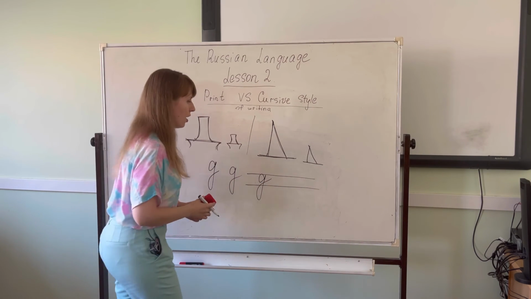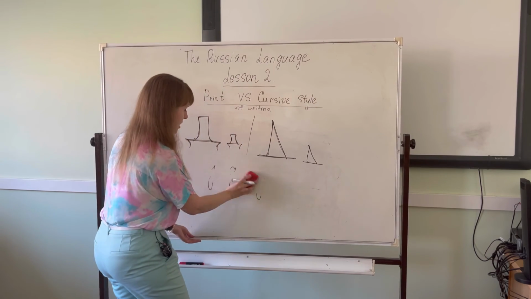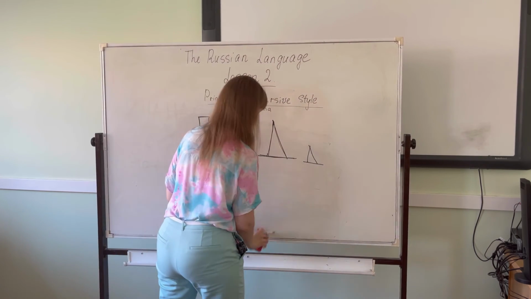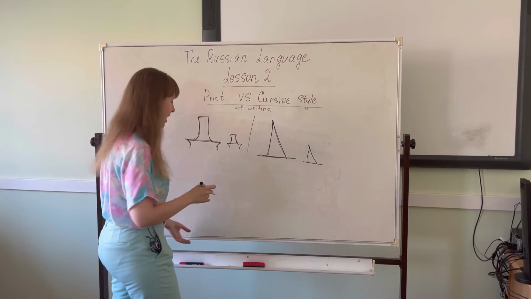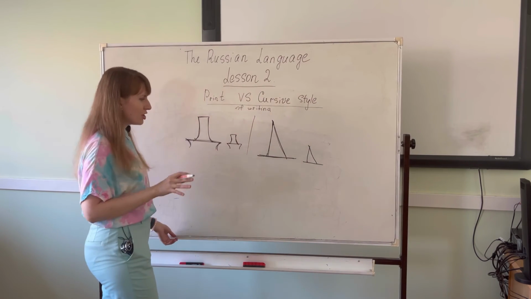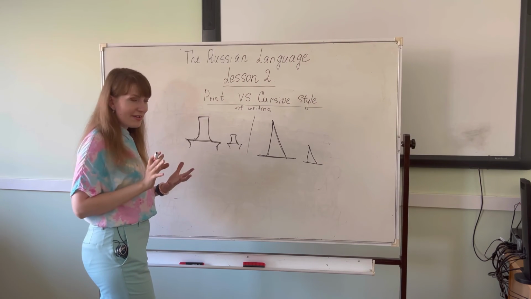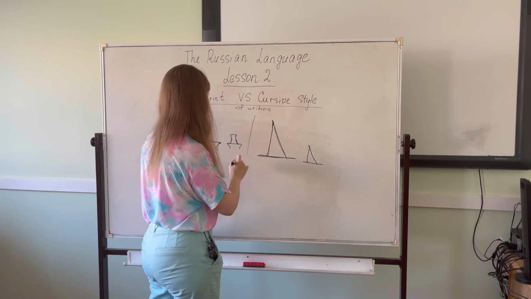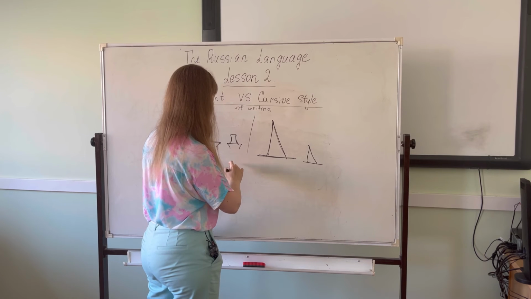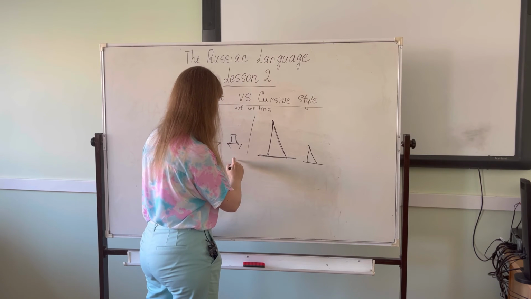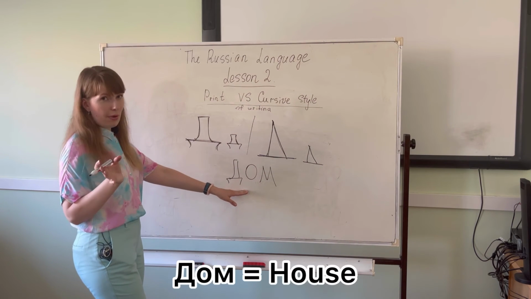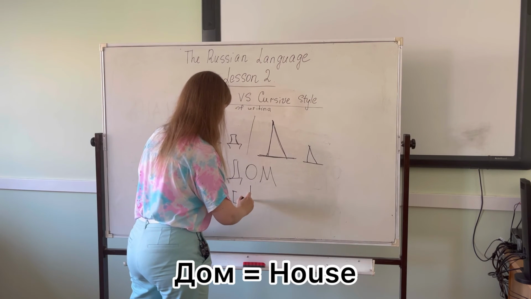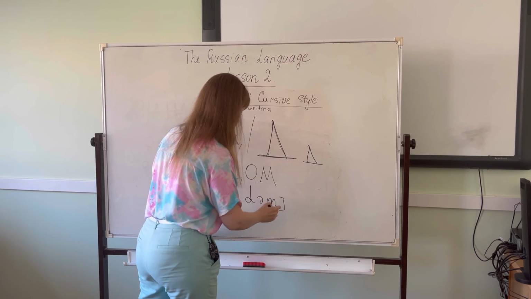So, and now a word starting with there. So I would like to show you a word dom, yeah, because in all Russian books, the first word we learn starting with the letter D is dom. Okay, I will write it in the print style at first, like this, dom, and the transcription is like this.